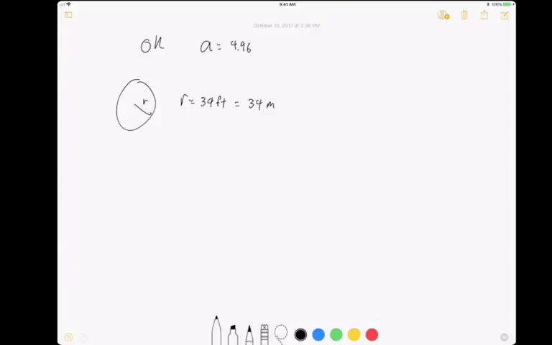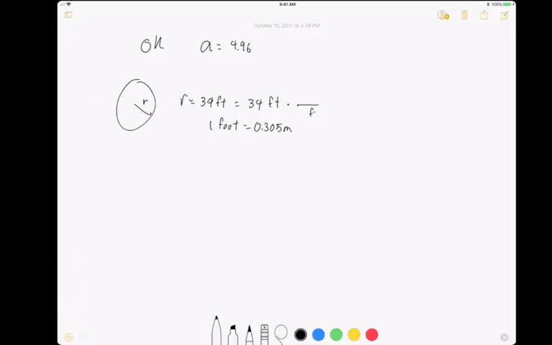So, how do we do that? Let's see, where I looked it up before. Okay, 34 feet.